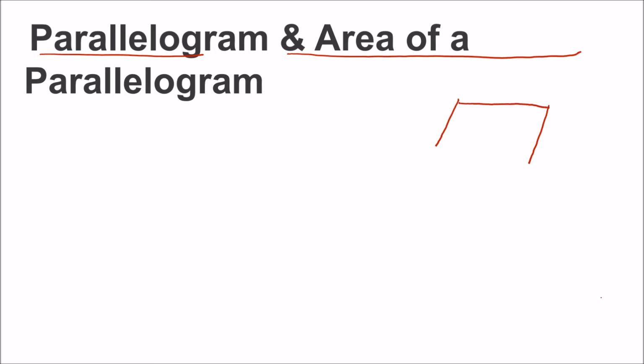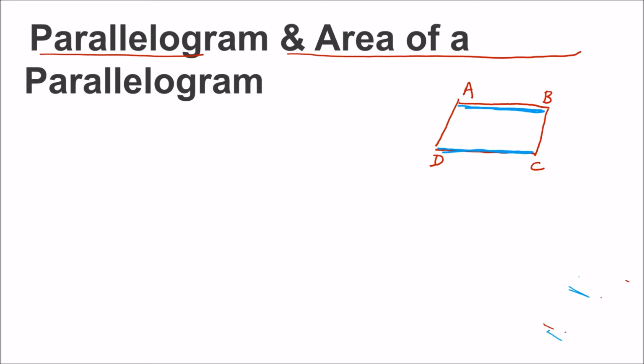You can see over here we have a quadrilateral ABCD, and in this quadrilateral opposite sides are parallel. Side AB and side DC are parallel to each other.